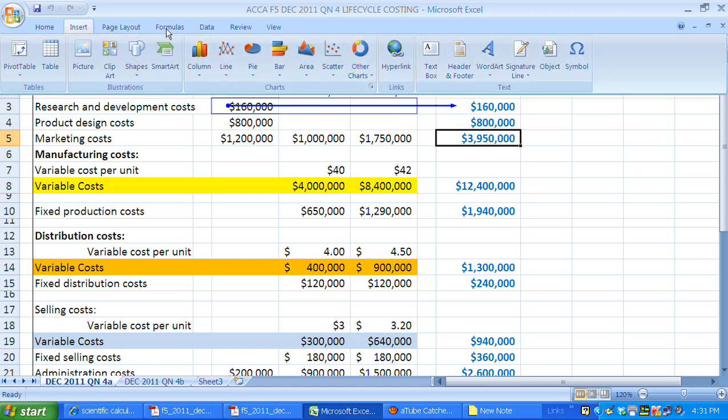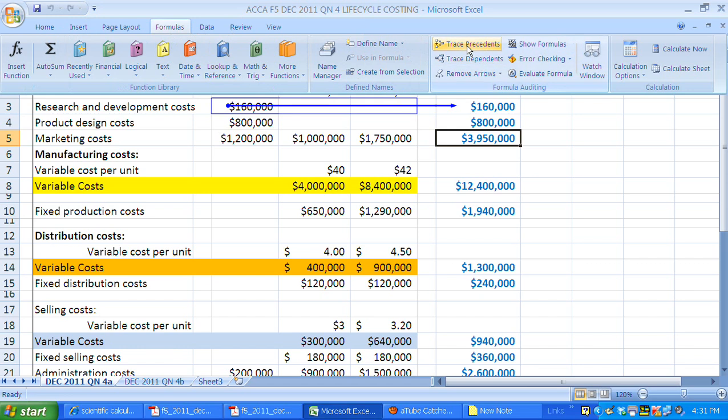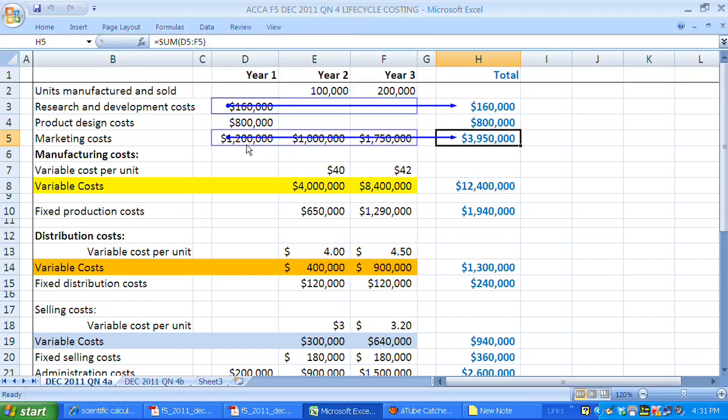Same thing, I add up all the costs for marketing. So the total marketing costs are 3,950. The same thing for product design cost, which is simply 800,000.